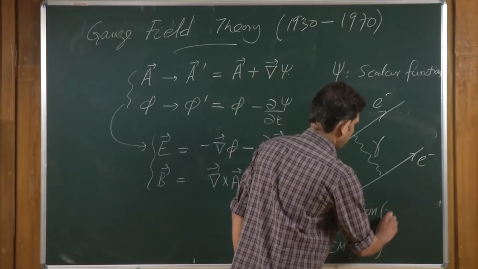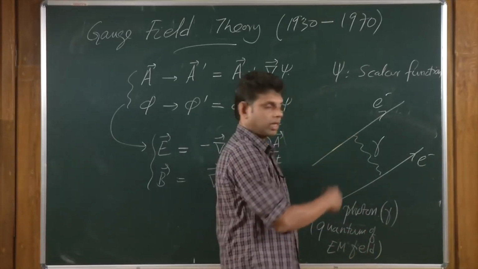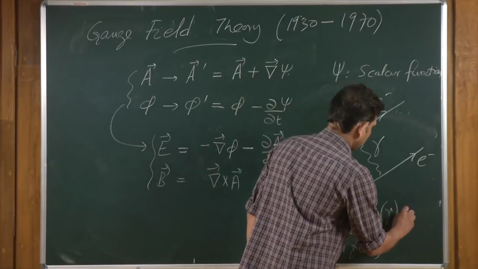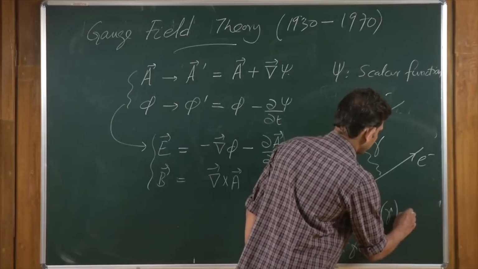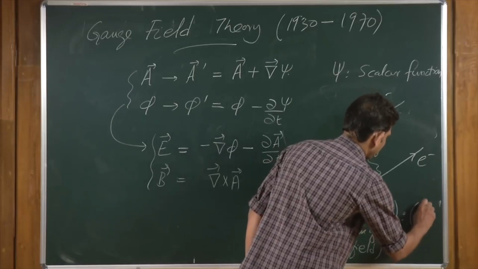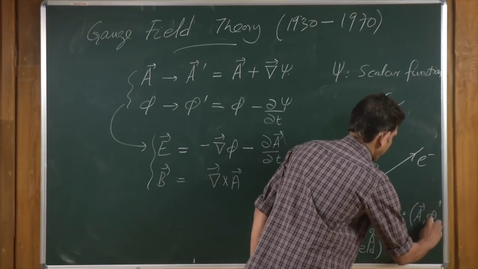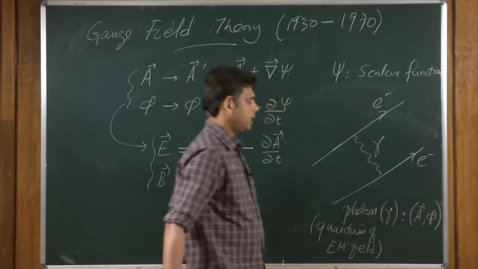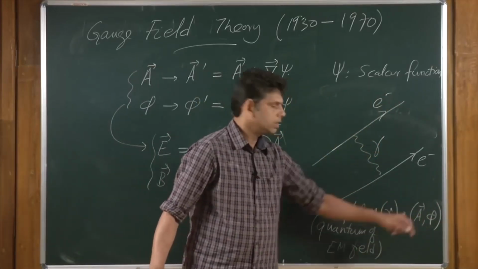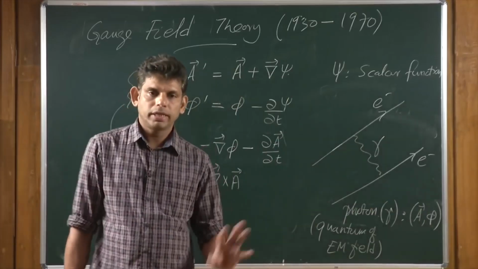It is denoted, symbolized by the gamma here, and is represented mathematically by the vector potential and the scalar potential. They describe the photon.